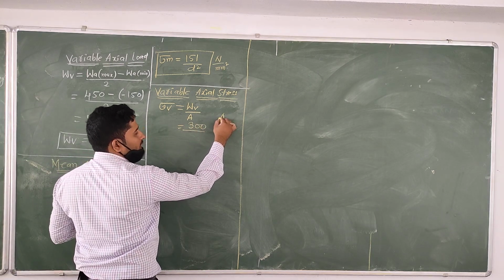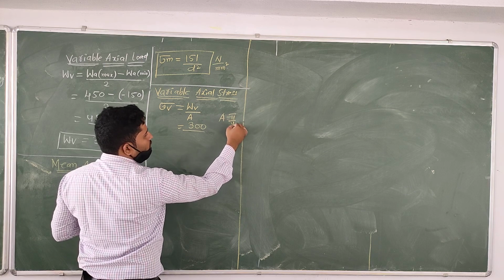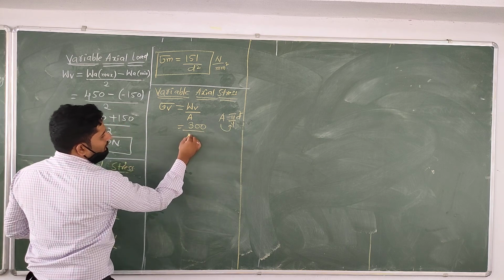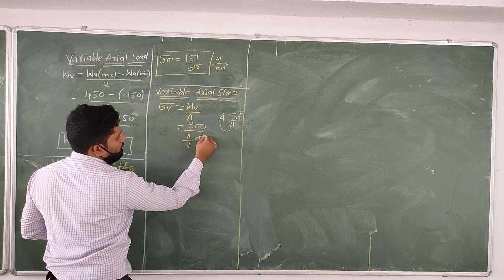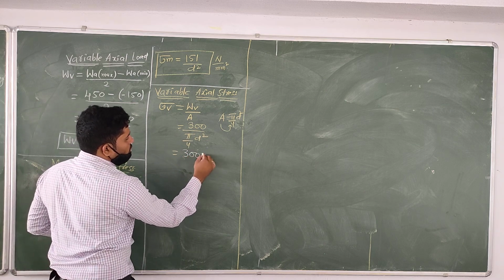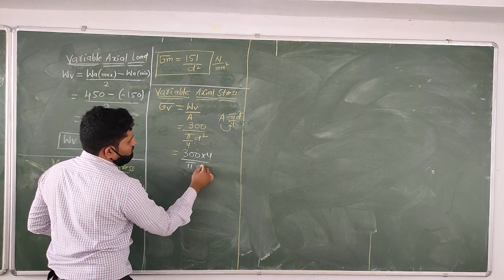So what is the formula of area? A equal to pi by 4 into d square. Just you need to put this value wherever A is there, pi by 4 into d square. So it should be 300 into 4 by pi into d square.